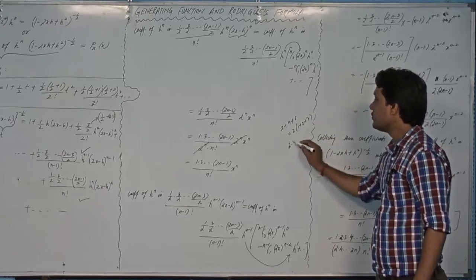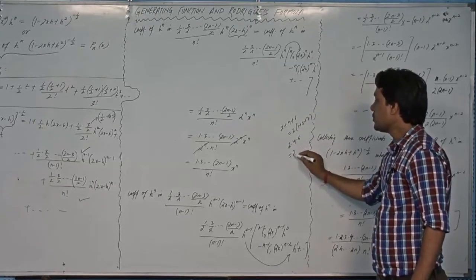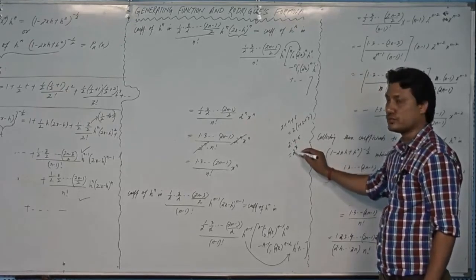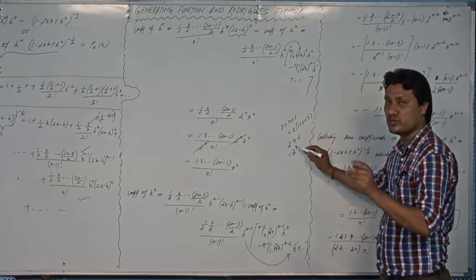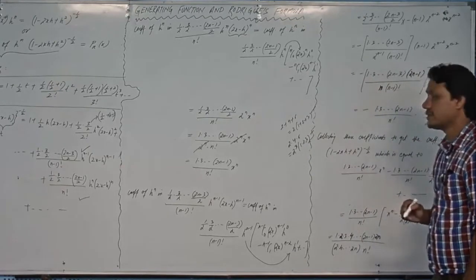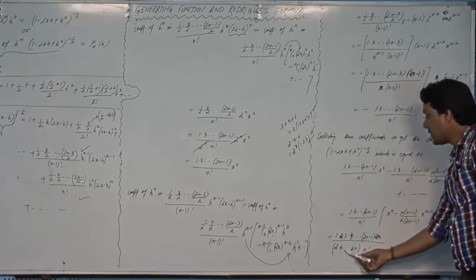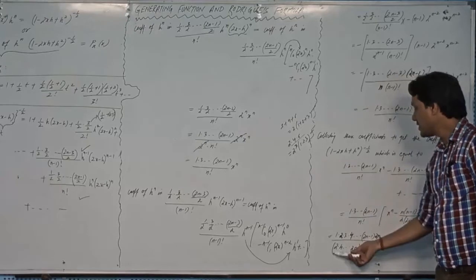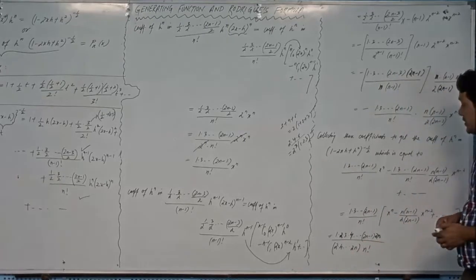But if you have 2 dot 4 dot 6, then you take 2 to the power 3 common, because from each term there will be a 2. 2 common, 2 common, 2 common, 3 2's will be there, so ultimately 1 2 3. So see the difference in these two, right? And here we have the multiplication case, so ultimately 2 to the power n will be taken common.